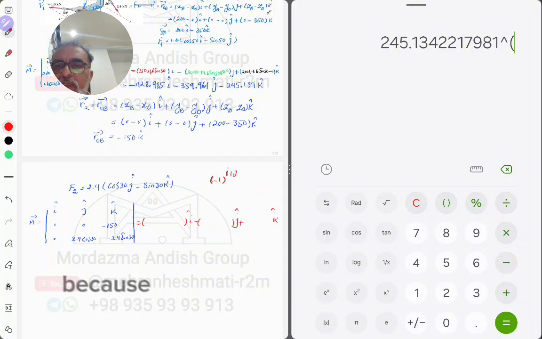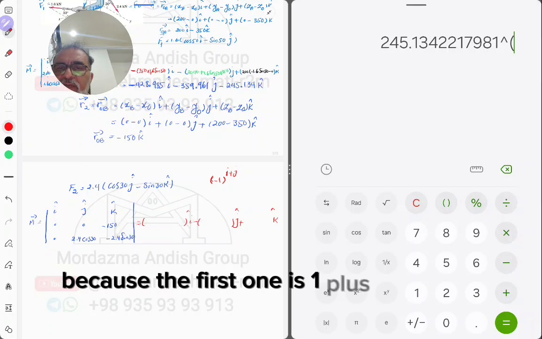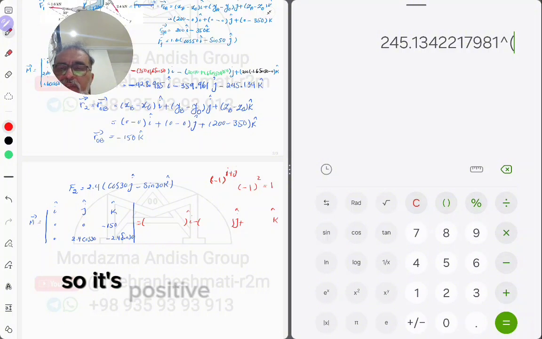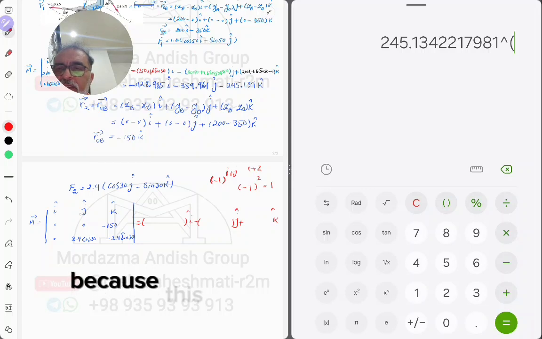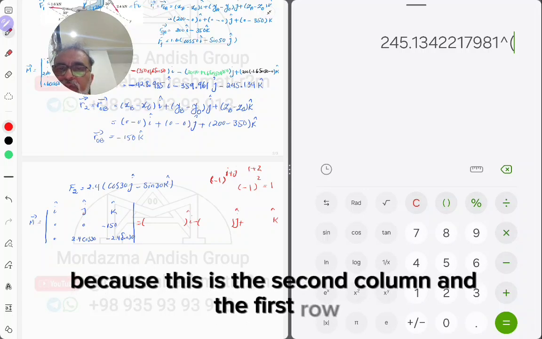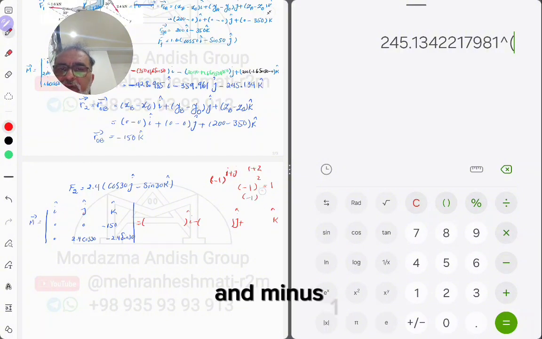The first one is 1 plus 1, means minus 1 squared, so it's positive. The second is 1 plus 2, because this is the second column and the first row, and minus 1 cubed means minus 1.